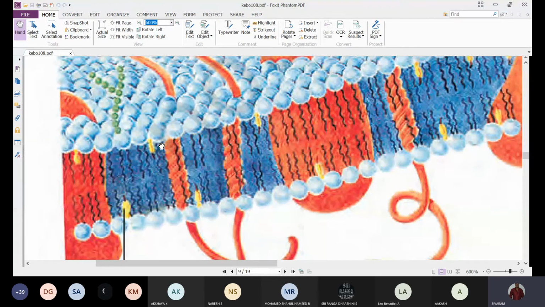So to prevent the destruction of the phospholipid structure, the hydrophilic heads are present towards the outer region, which can interact with the aquatic environment, and the hydrophobic tails are present towards the inner side. Understand?